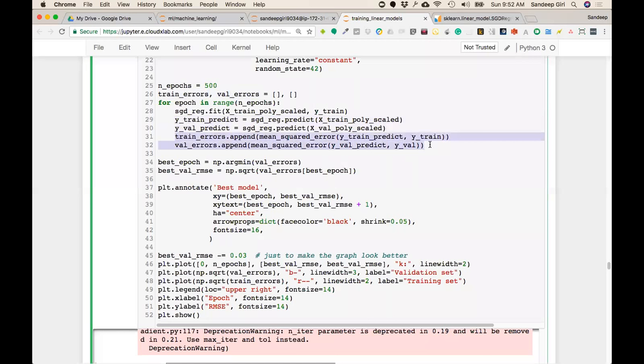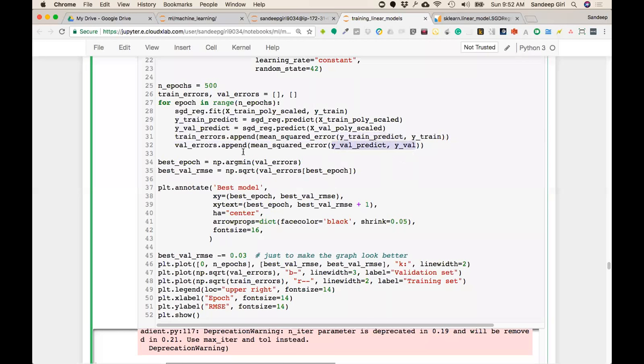Whatever we have predicted just now, we are subtracting that. The y training prediction that we have done on training data, we subtract from y training. Similarly, we do it for the validation.